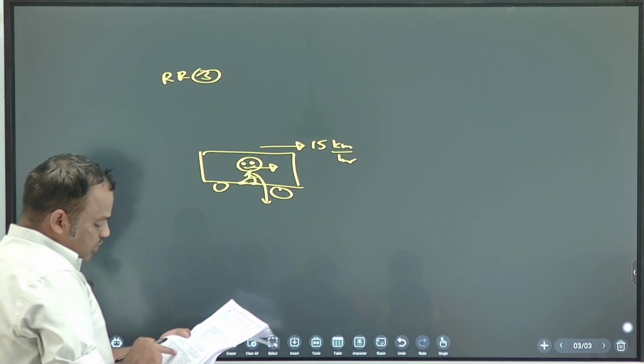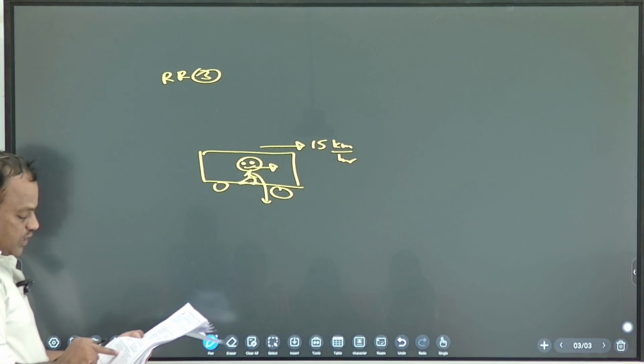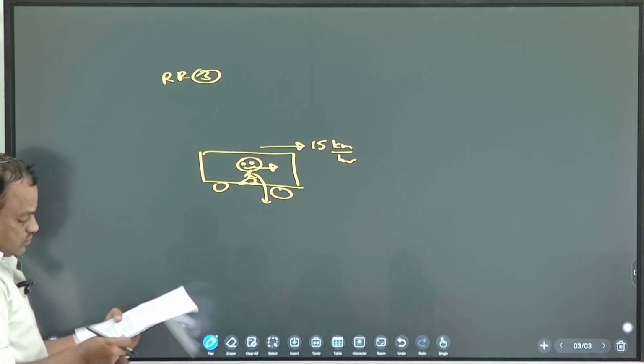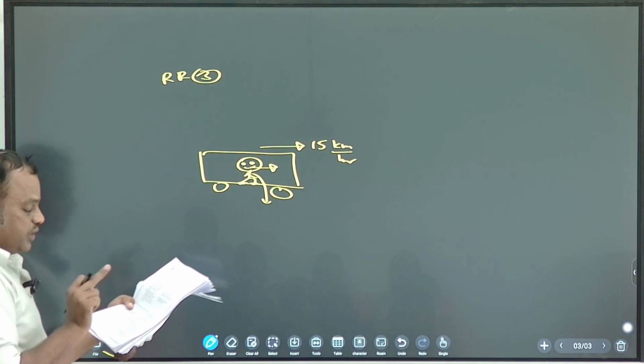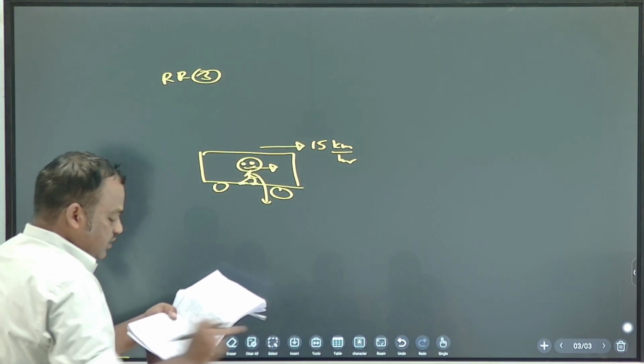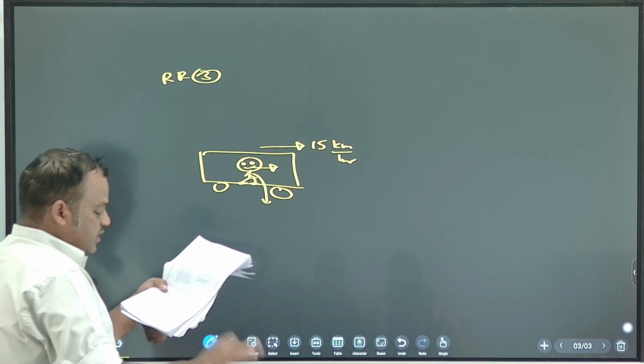Due to inertia of rest, road is left behind, man reaches forward? No. Due to inertia of motion, the upper body part continues to be in motion in forward direction while the feet come in contact with the road, so it is at rest.